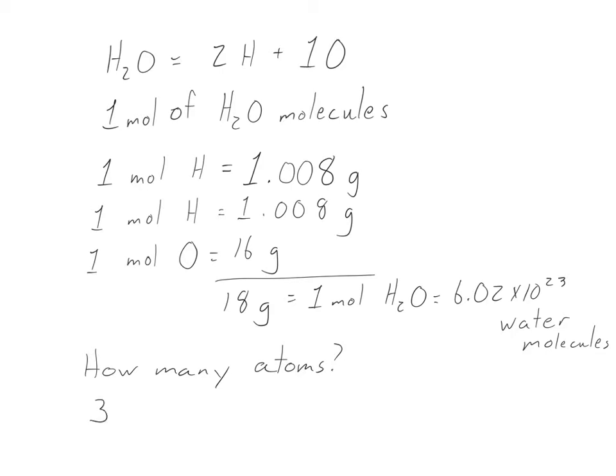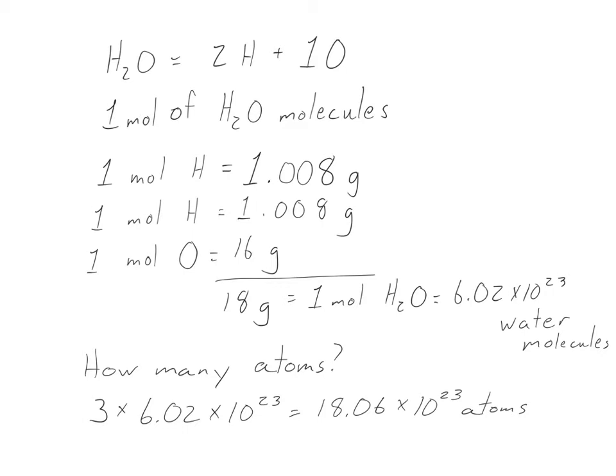So I could just take 3 times 6.02 times 10 to the 23rd, and that'll give me 18.06 times 10 to the 23rd atoms. So we're starting to see a little discrepancy here between what counts as a count for a molecule and a count for the atoms. Since every molecule has 3 atoms in it, we would have to multiply by this if we wanted to know how many atoms.